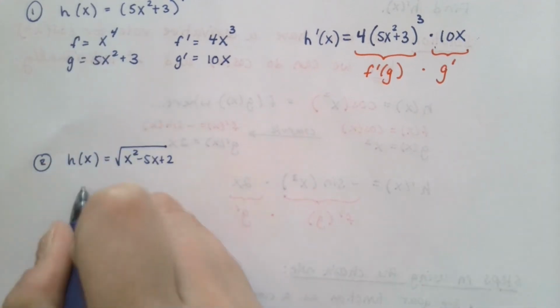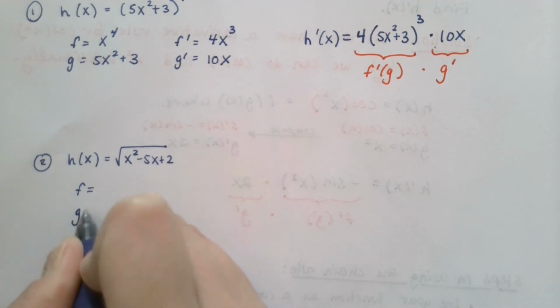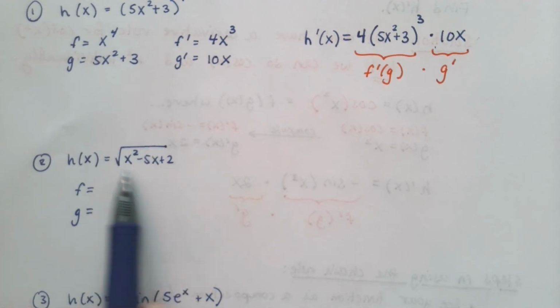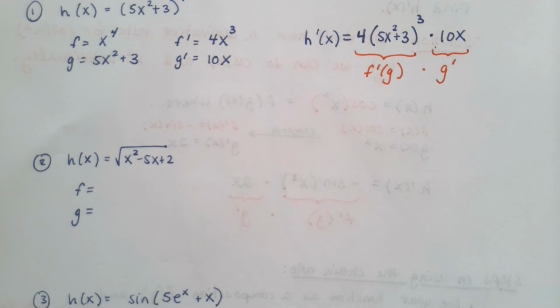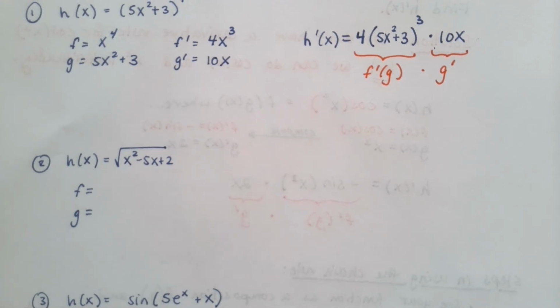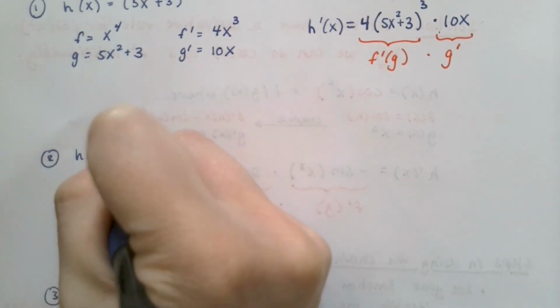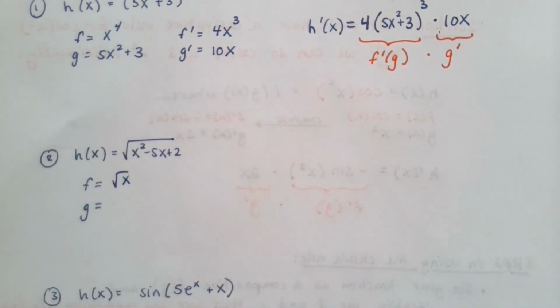Okay, so again, I want to start by deciding what f and g would be. So we want to pick these functions so that f of g of x is this function here. And we want to make sure that they are two functions whose derivatives we have the tools to compute. So I would choose that f is the square root of x, because that square root is kind of my outside operation.